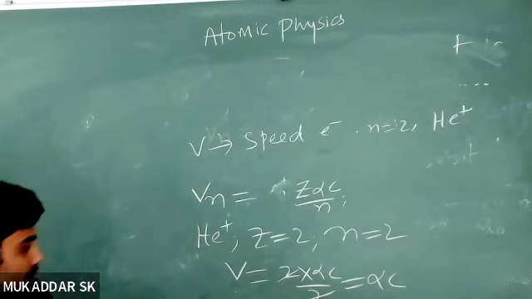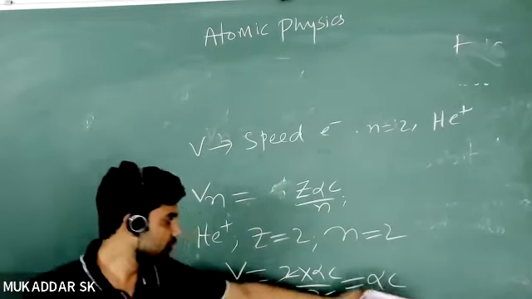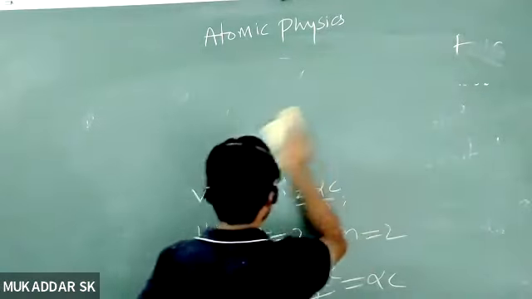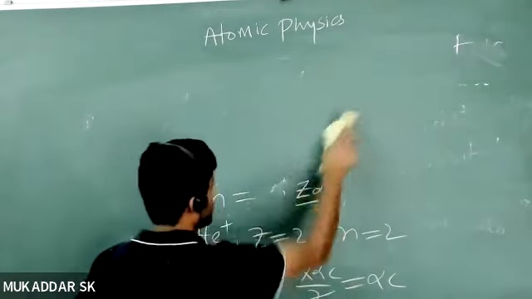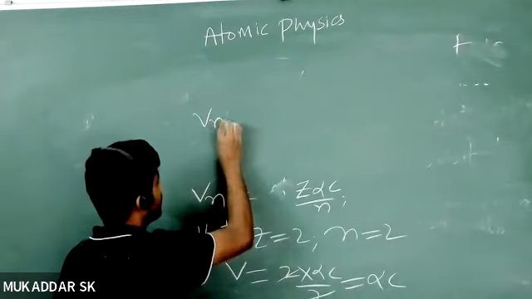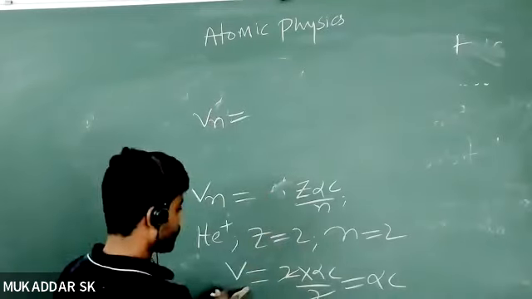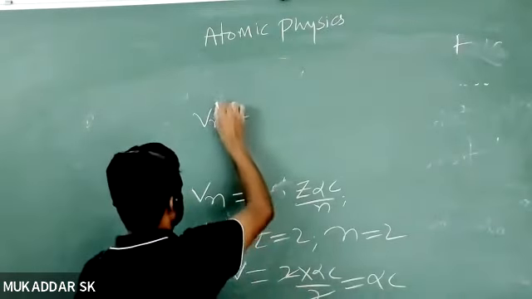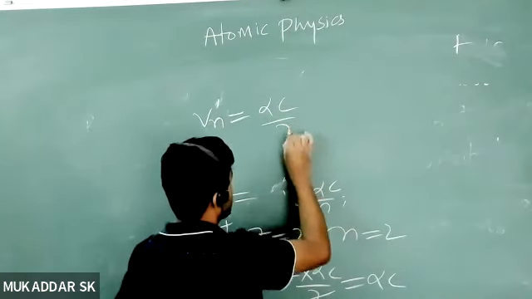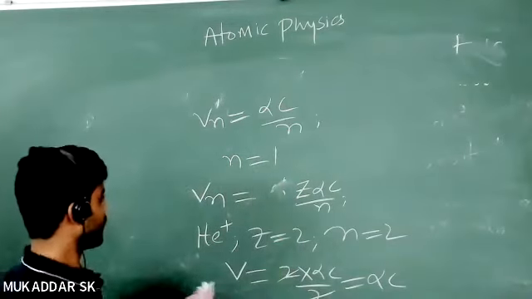Now is it clear to everybody? So V is nothing but alpha c. Now if you see the speed of the electron in the first Bohr orbit of hydrogen, the expression was Vn equals, let us assume this is V dash because V is already given for helium. So V dash for hydrogen atom is nothing but alpha c by n. So for n equals 1, how much will you get?